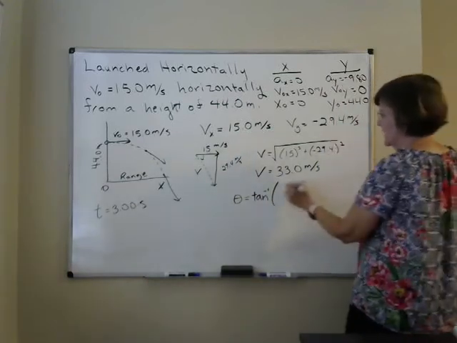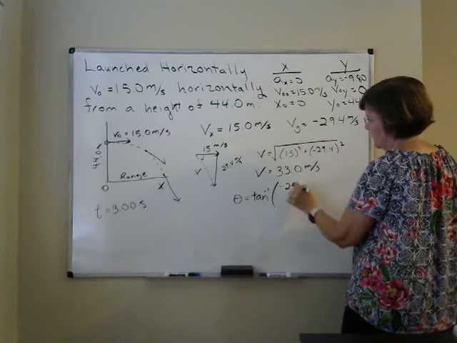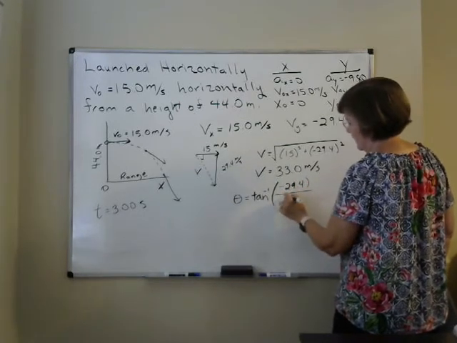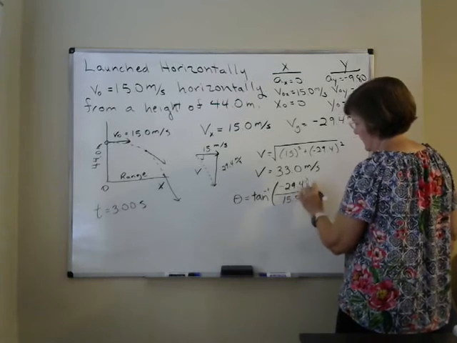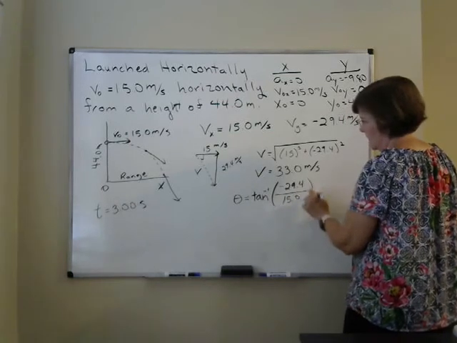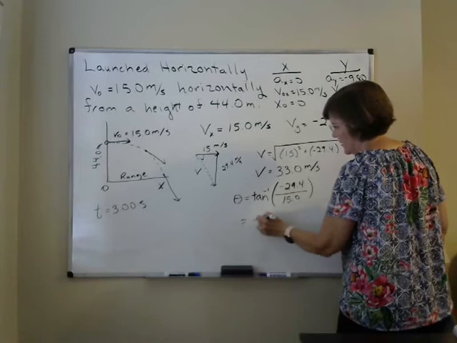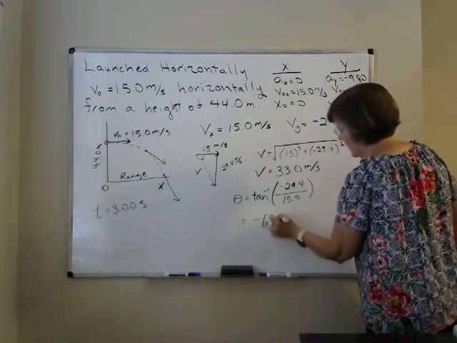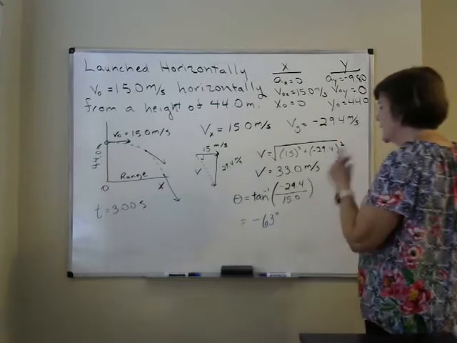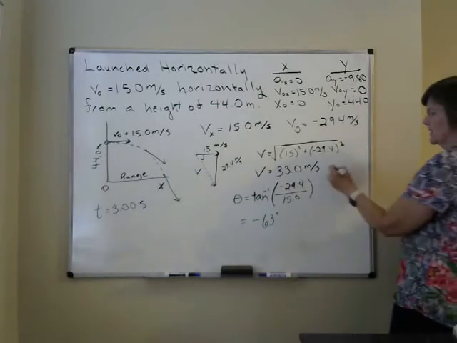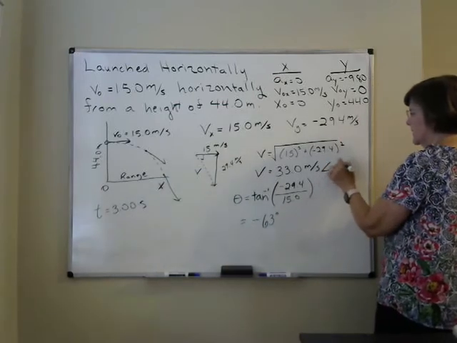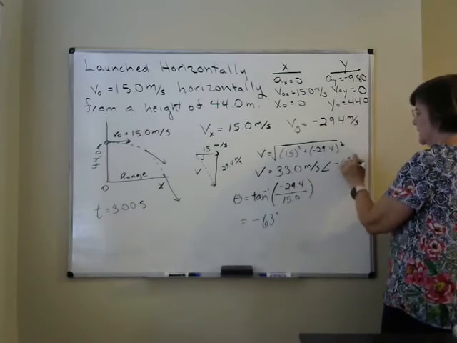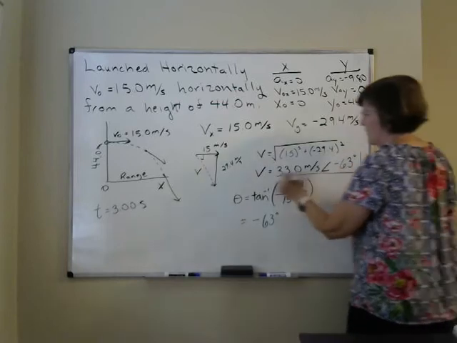So negative 29.4 over 15. It comes out to be negative 63 degrees. So the answer to the final velocity is 33 meters per second at an angle of negative 63 degrees.